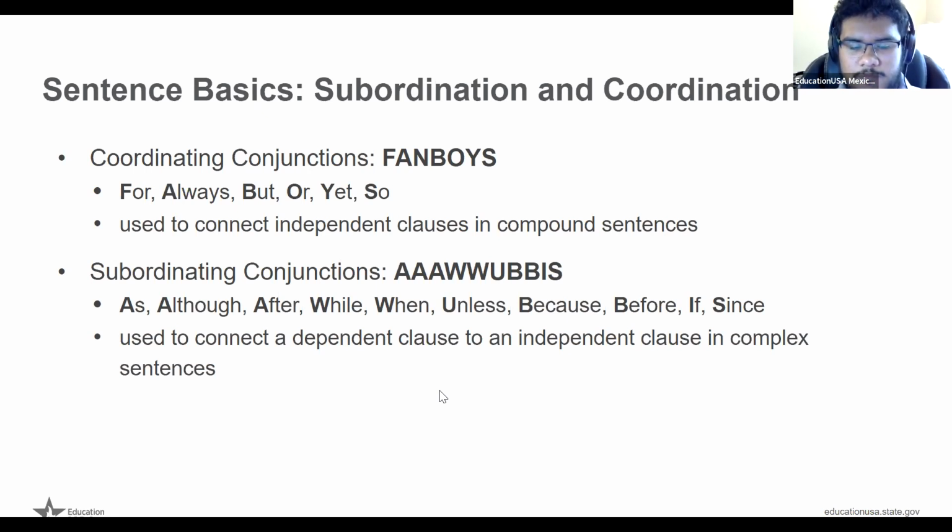However, dependent clauses are parts of a sentence that generally cannot stand on their own. For example, you could say he left the party before midnight. So he left the party is an independent clause because it can stand on its own as a complete sentence.